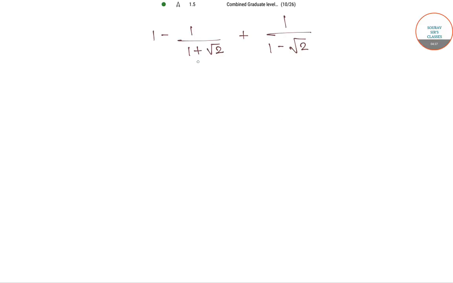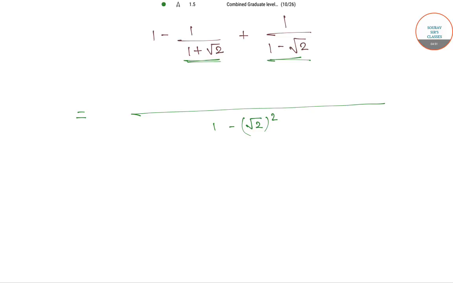Now if you look at this, this is our a square minus b square formula, that is (a plus b) whole into (a minus b). So what we can do here is write it in the form of a square minus b square, that is (1 minus root 2) whole square.